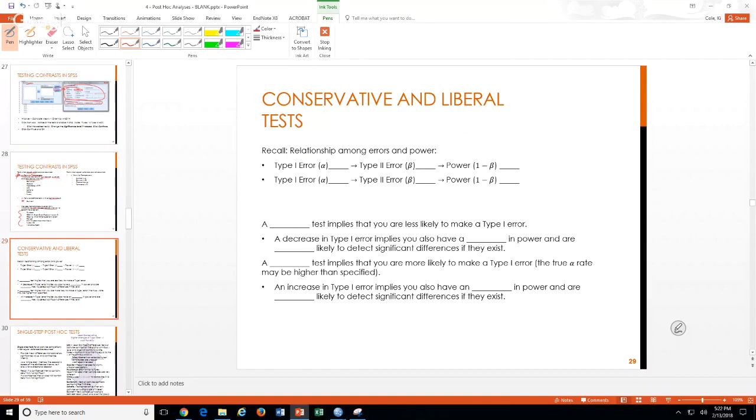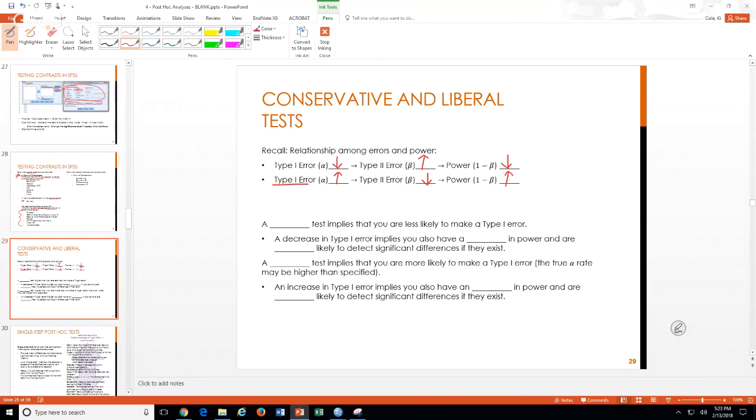So recall this relationship. If the type 1 error decreases, what happens to the type 2 error? Increases. And what happens to power? It decreases. What happens if you have a type 1 error rate that's higher? Your type 2 error rate is lower and your power is higher.